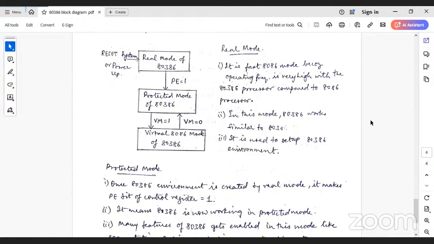Now, if you want to execute the programs of 8086, then your VM flag bit should be equal to 1. And you can make this VM flag bit equal to 1 only when your processor is in the protected mode, is it not? Since the 386 has a flag register of 32 bits, one of the bits represents your virtual mode.